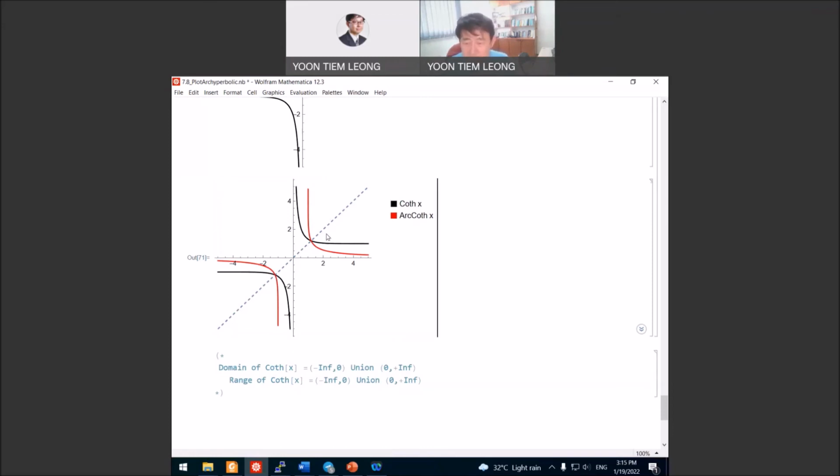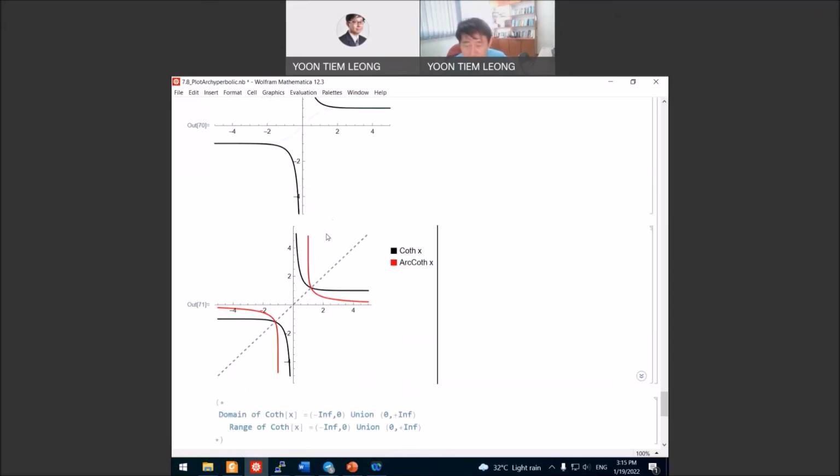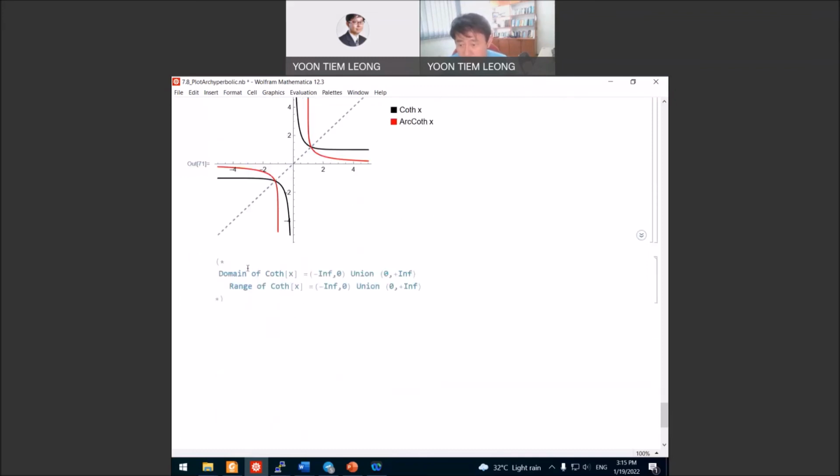It's just that here it's not shown to be the same because the aspect ratio is not set properly. Okay, but anyway, the red color line is still the reflection of the black color line about the y equals x line. So again, the domain of arc cotangent and the range of cotangent are also the same, right?